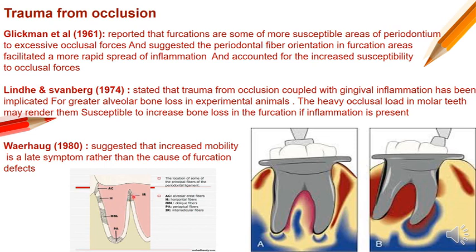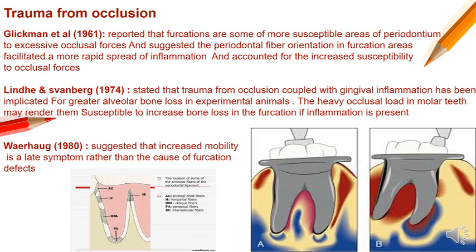According to Glickman, the orientation of the fibers, like the interradicular fibers, horizontal fibers, and alveolar crest fibers supporting the furcation area, is associated with more rapid spread of inflammation to that area.